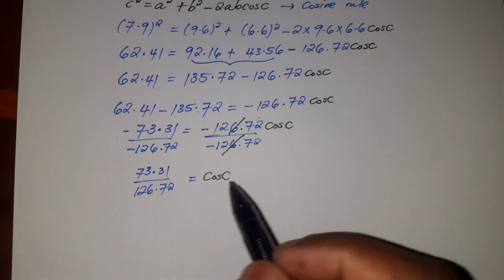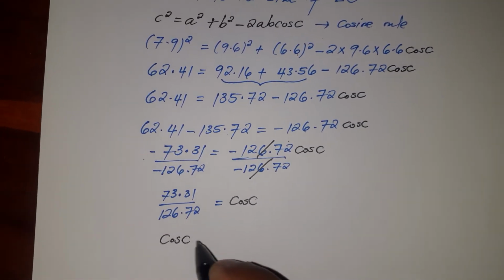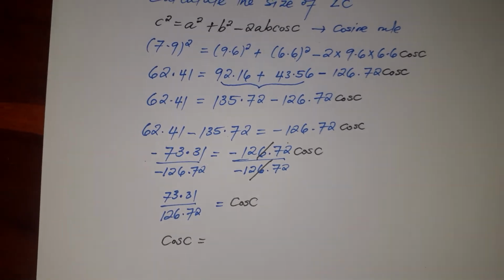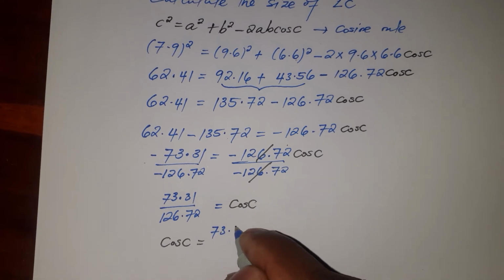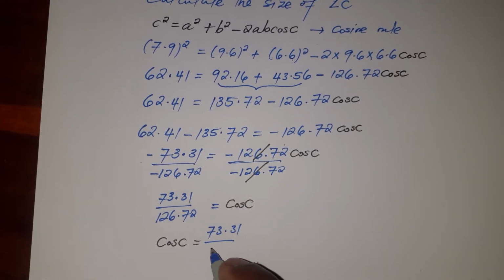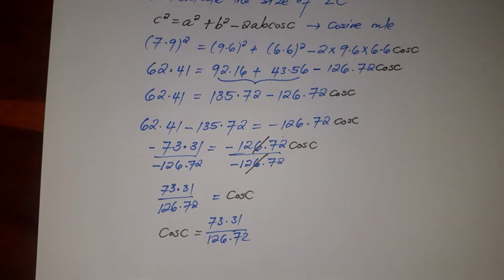Now let me rewrite this, starting with cosine C. Cosine C equals to 73.31 over 126.72.